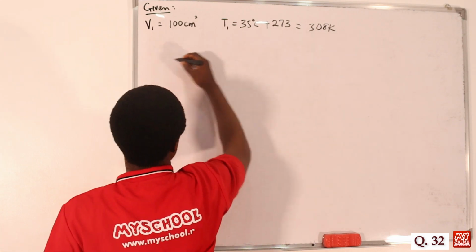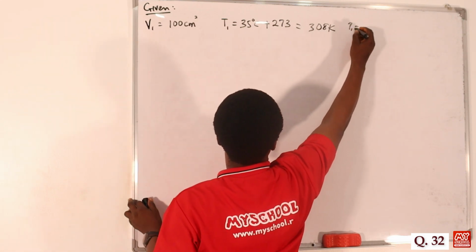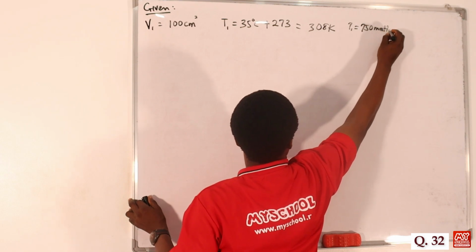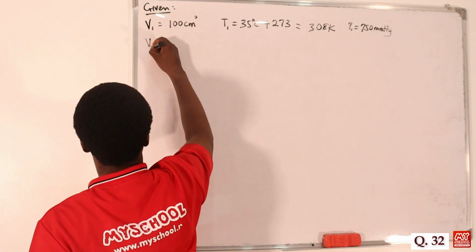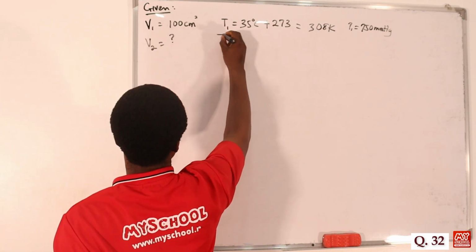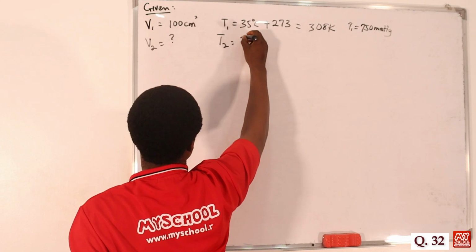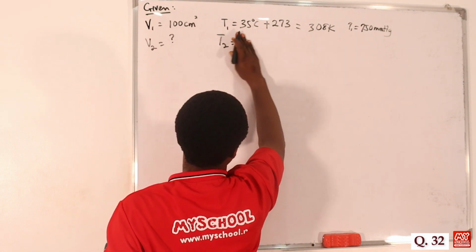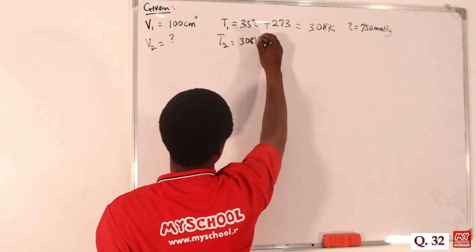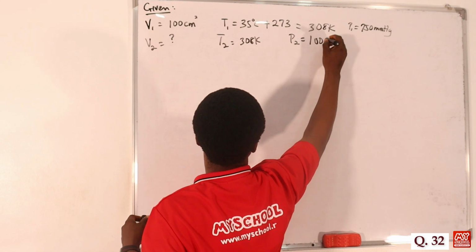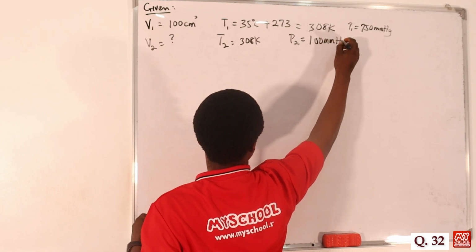Then P1, of course, was given as 750 millimeter mercury. Then V2 is what we have to find. What would be the volume of the gas? T2 is still the same, 35 degrees Celsius, which is 308 Kelvin. We've done that already. And then P2 was given as 100 millimeter mercury.